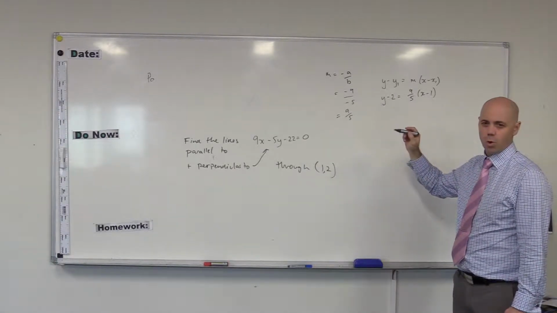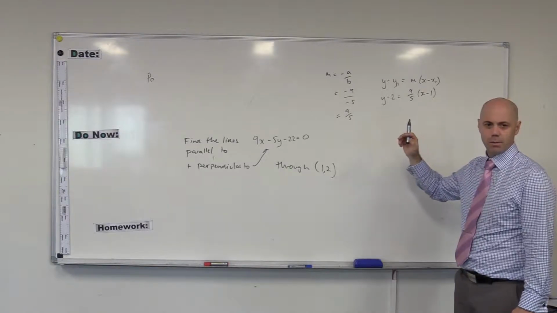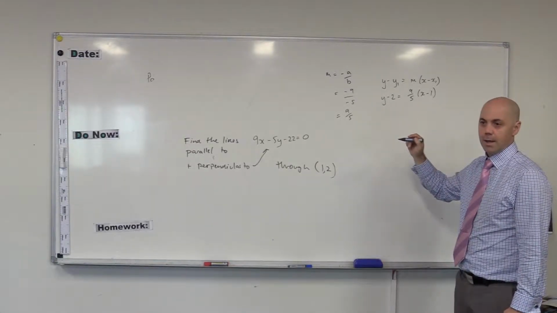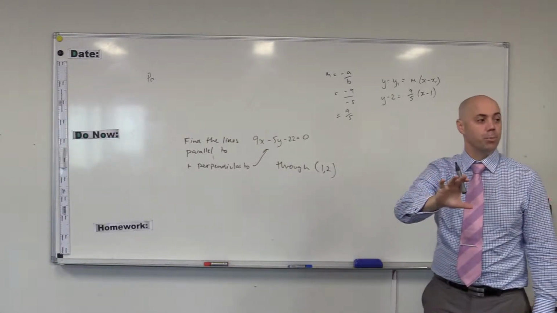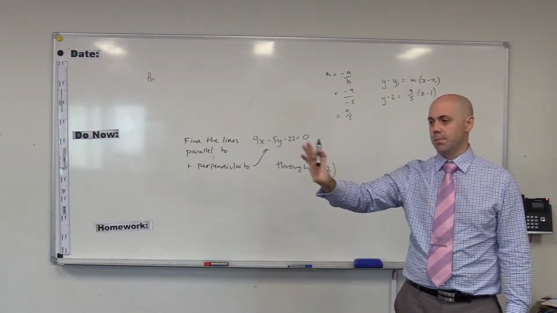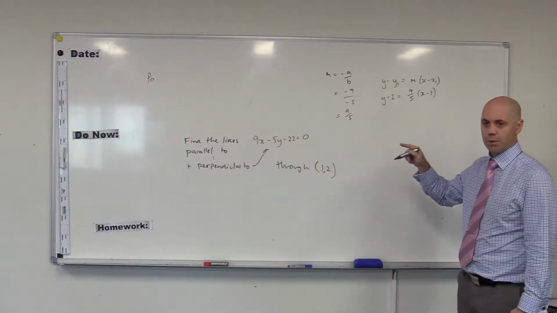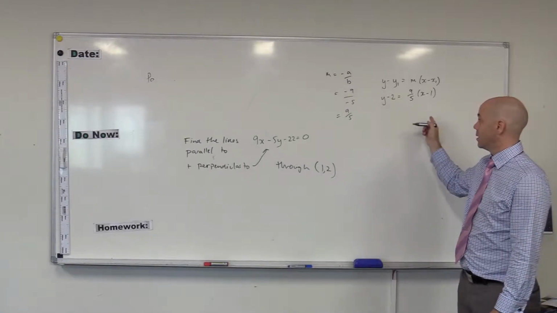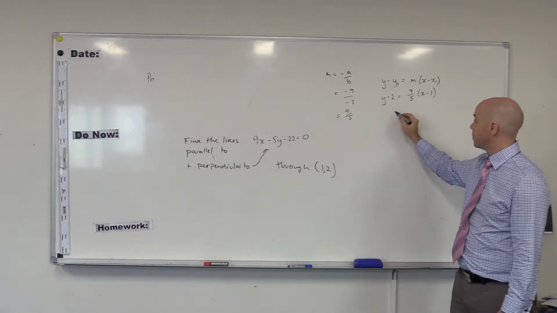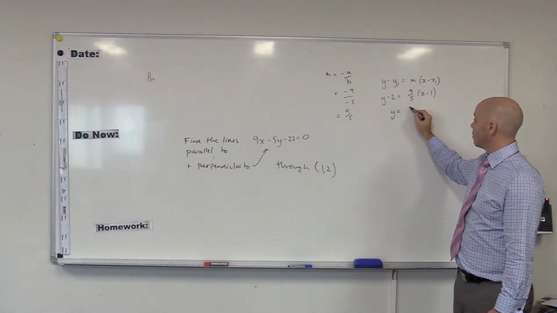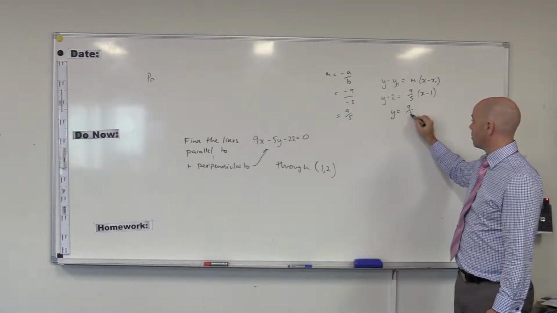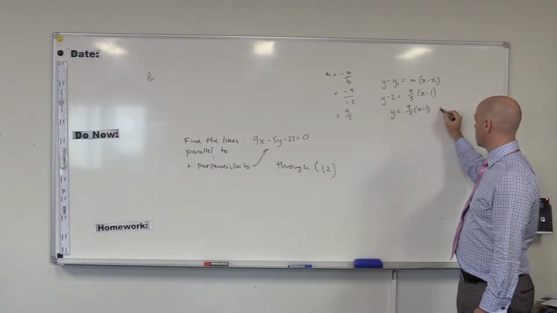It's a little more awkward because we've got fractions. Let's put it in gradient intercept form, the y equals mx plus b form. y equals 9/5 brackets x minus 1, then plus 2 at the end.